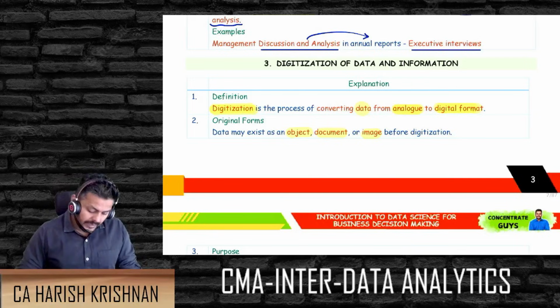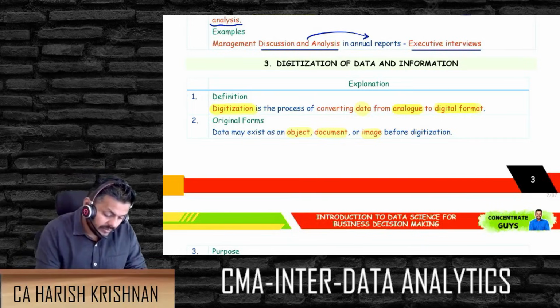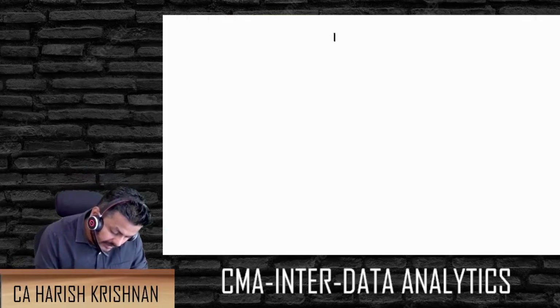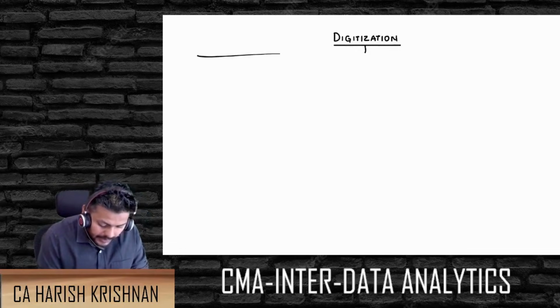Let us go ahead and put this up, guys. As we do every time, we will put it here also: digitization of data. We will talk about a couple of other points under this.